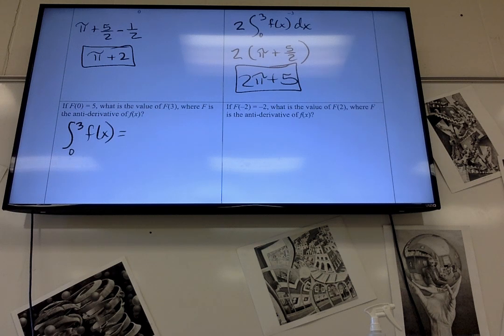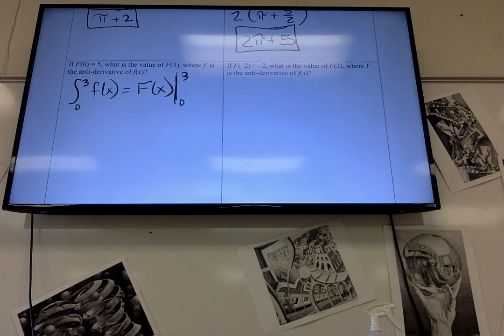We know that would be the big F of x evaluated from 0 to 3, so it's F of 3 minus F of 0.